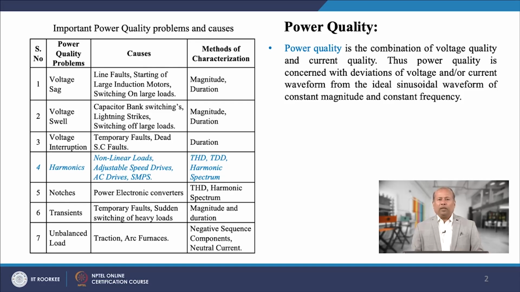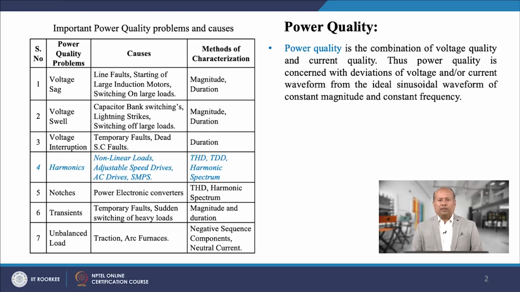One of the important power quality problems is the presence of harmonic loads in a system. They behave in a nonlinear manner. Among them, the traditional ones are transformers, electrical machines, furnaces and so on.